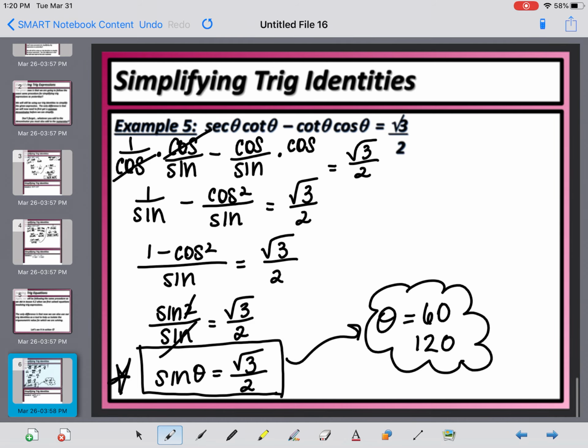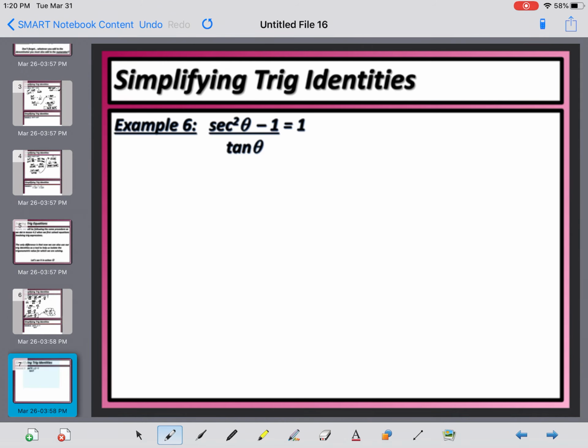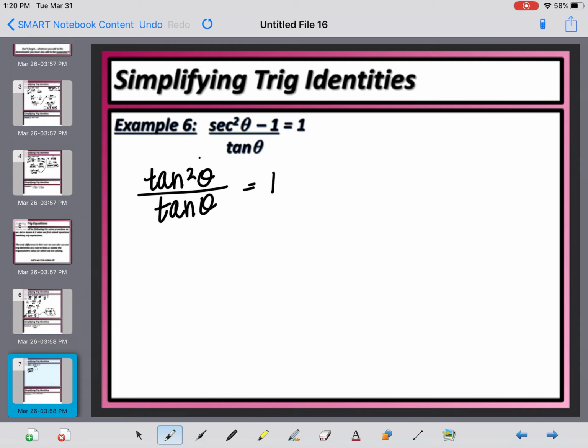So let's try another one. Secant squared minus 1. Anytime that there is a trig identity squared and a 1 involved, I always look for a Pythagorean. So secant squared minus 1 is tangent squared. Okay, and I can cancel.